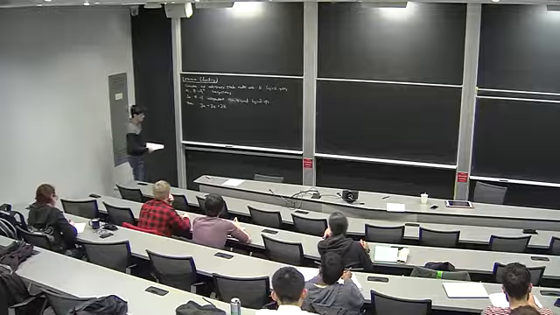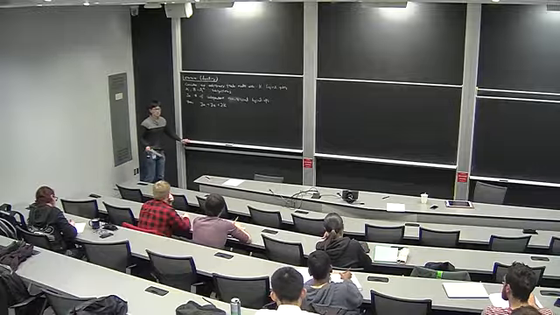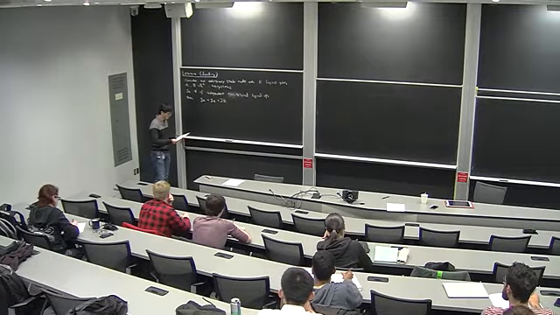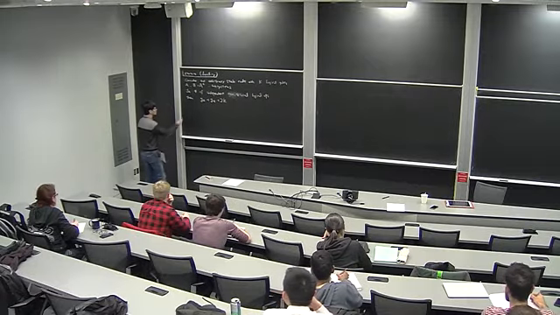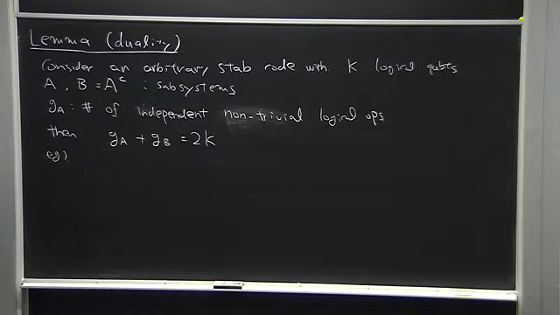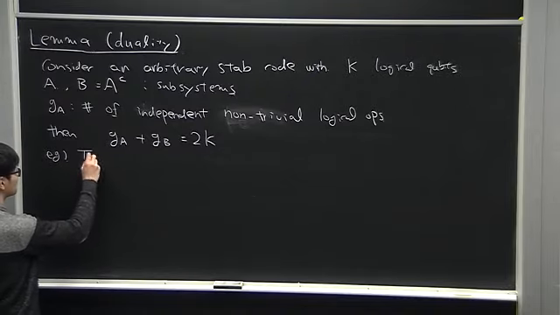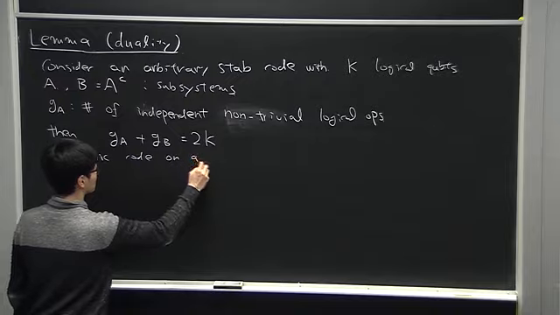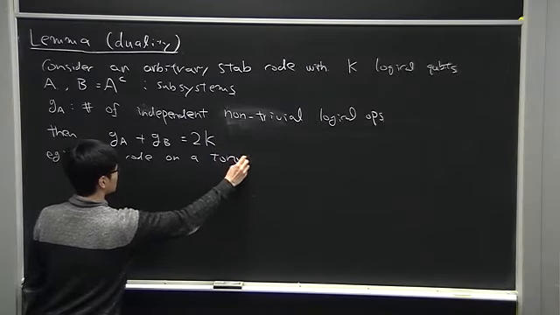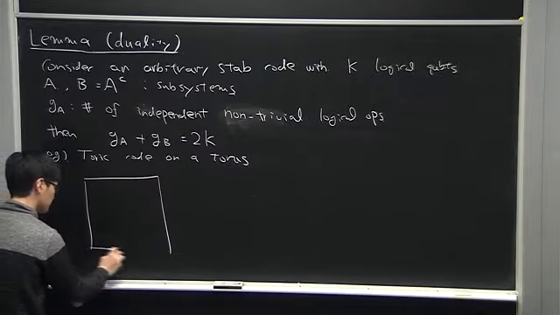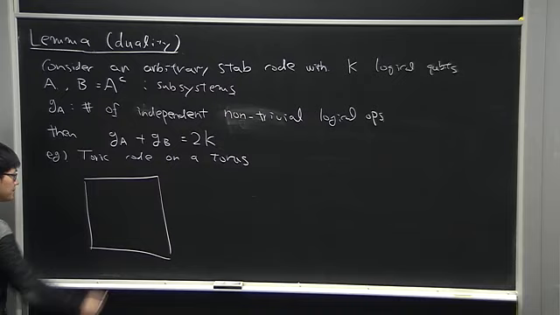So now I guess not everyone has solved the homework, so I guess it would be nice to give a little bit of examples. So again, imagine the toric code on a torus. Then we have this square lattice, with two parts identified.